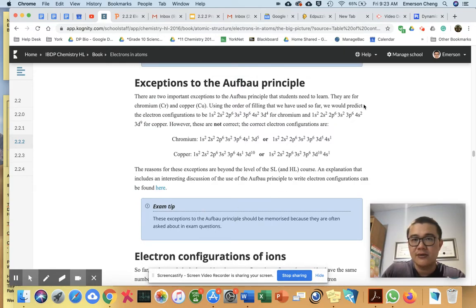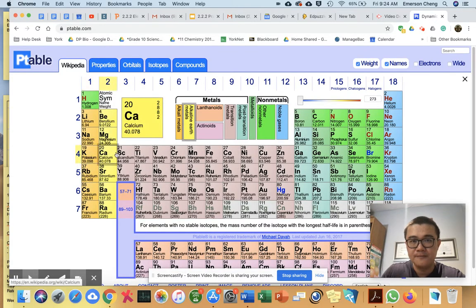Over here, they say that the only exceptions are those two that you see, chromium and copper. Just like earlier when we looked at the dynamic atomic model, pretty much everything would have followed the rule except chromium and copper.